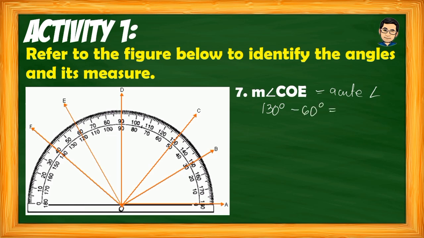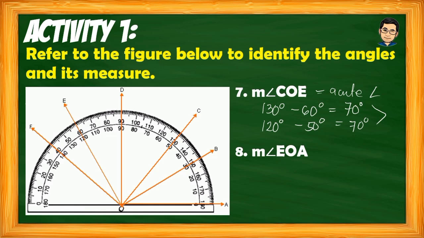And that is equal to 70 degrees. Or pwede rin naman po 120 degrees minus 50 degrees. Ang sagot po ay 70 degrees po. So, yung 130 tsaka 60 yung nasa itaas. And then, yung 120 and 50 yung nasa ibaba. So, again, pareho lang po naman na 70 degrees ang binigay niyang sagot.